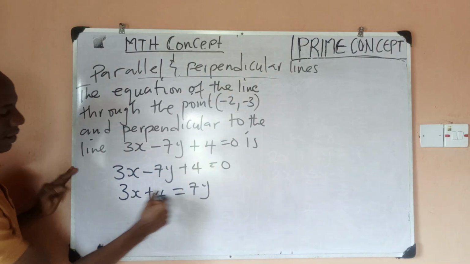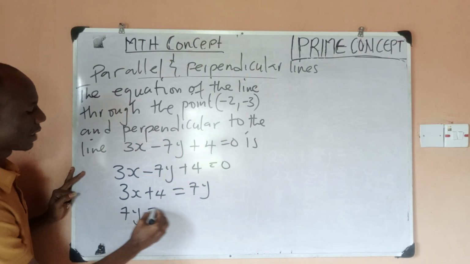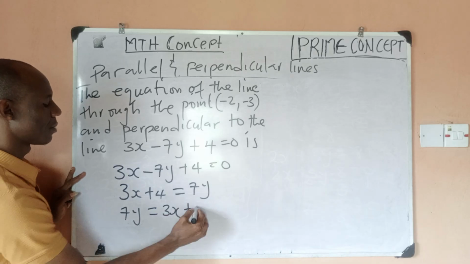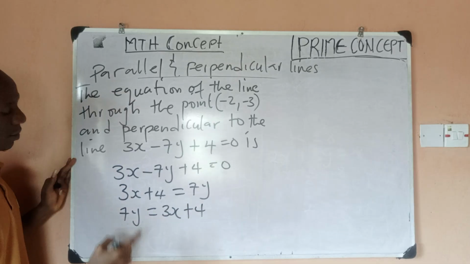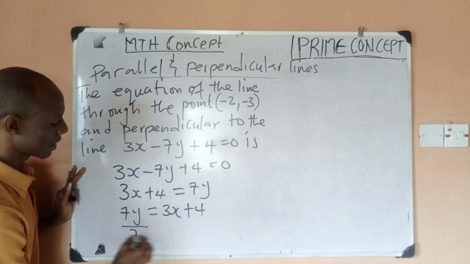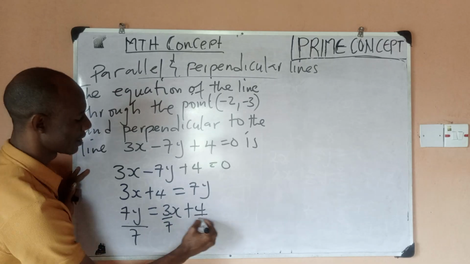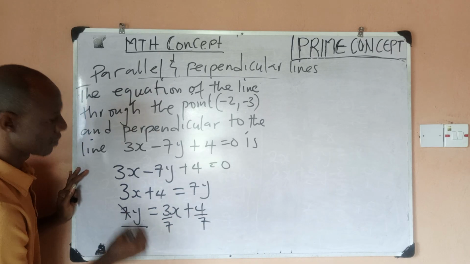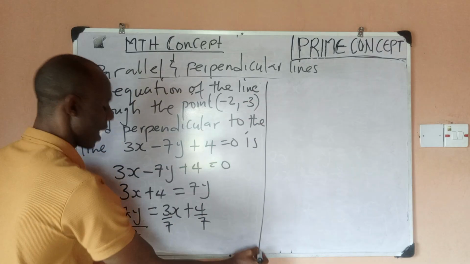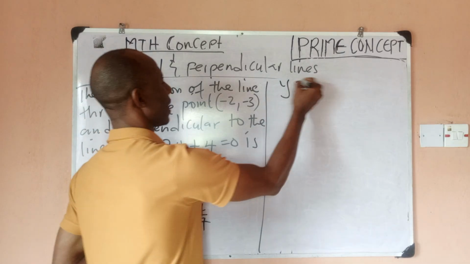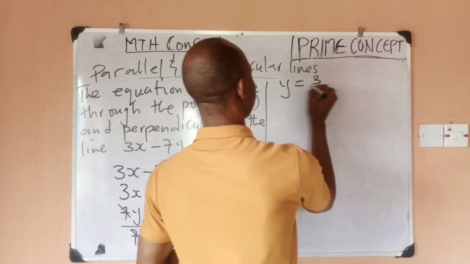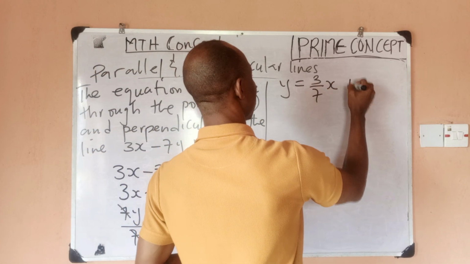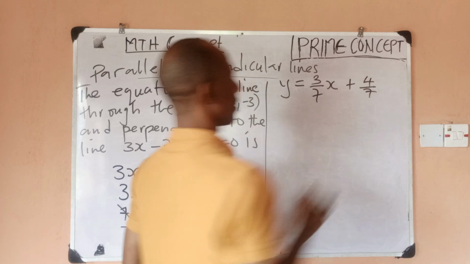So that I can simply write this as 7y equals 3x plus 4, which is the same thing. So I'm going to divide all through by 7, so that this can cancel this. And then I would have y equals 3 by 7 x plus 4 by 7, right?